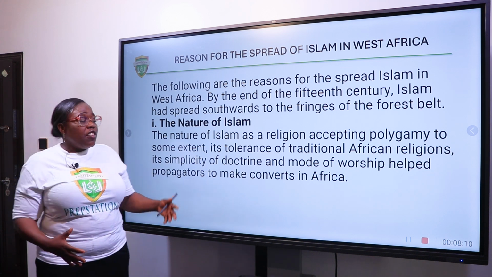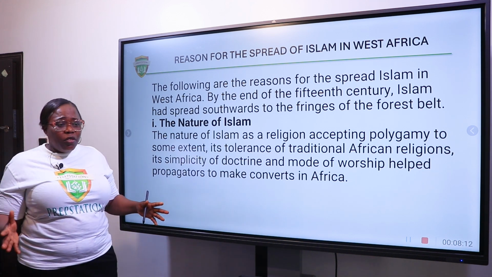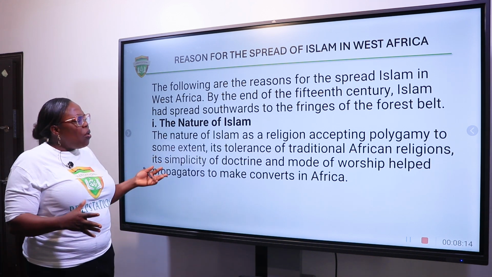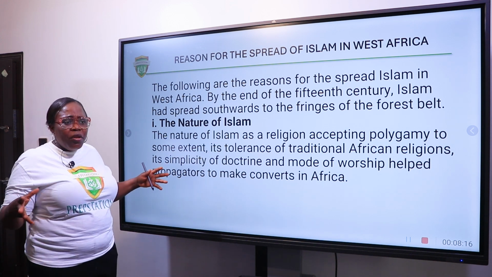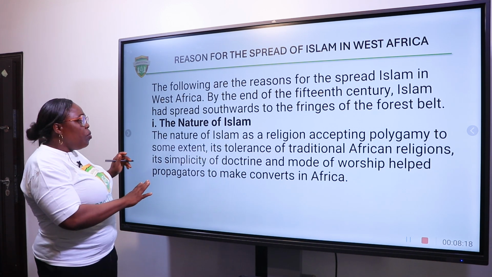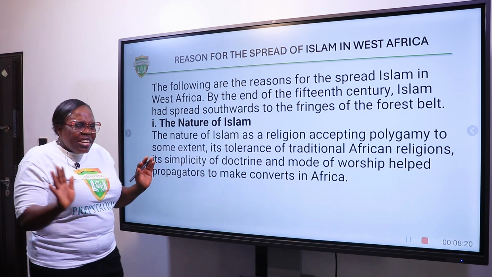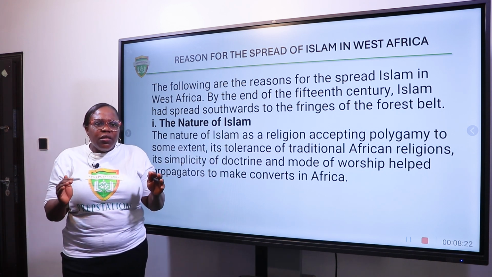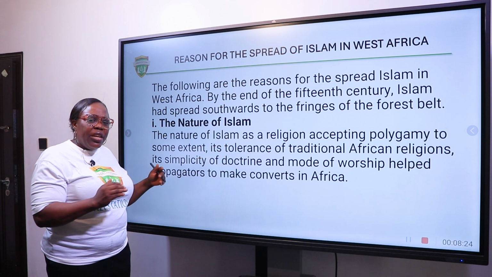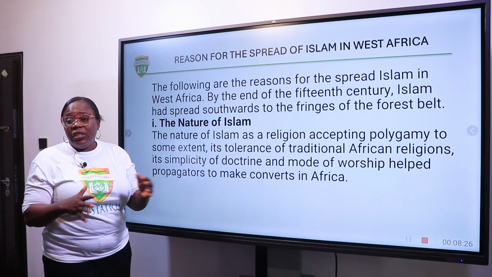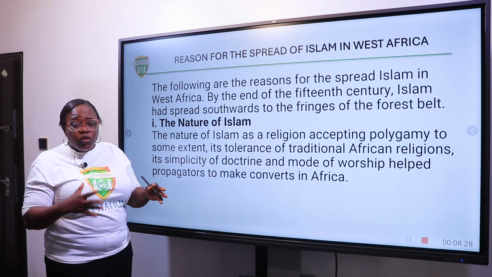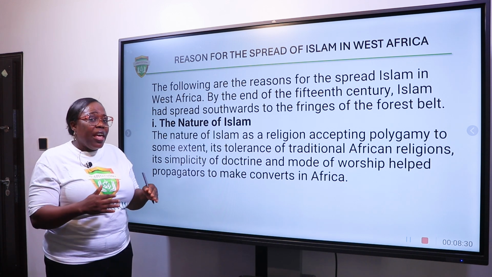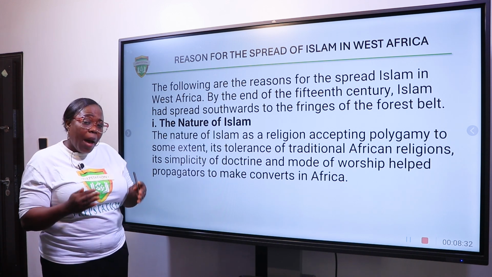Remember, most of these people were already polygamists. So Islam already created room for polygamy. So the adjustment with traditional religion was not so difficult, apart from the area of worship.